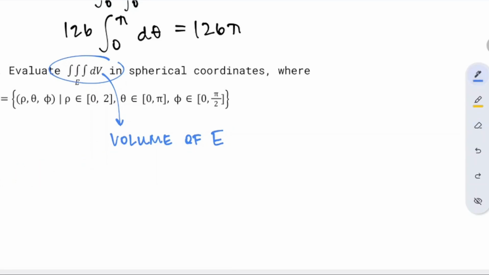Okay, I've got half a sphere with radius 0 to 2, but then that was the whole sphere vertically, which is what I was visualizing. That would be phi going 0 to pi. So if phi is only going 0 to pi over 2, then it's going to be like that. And I think I only cut it in half twice.